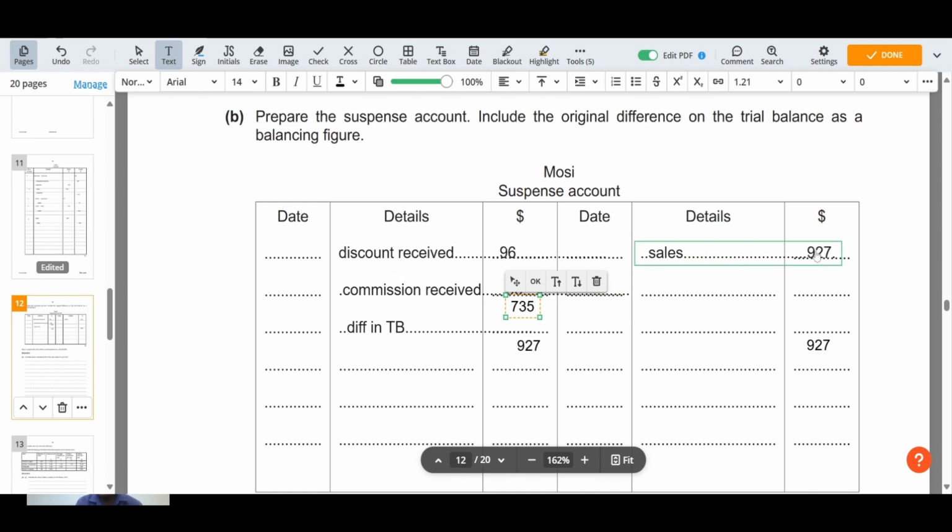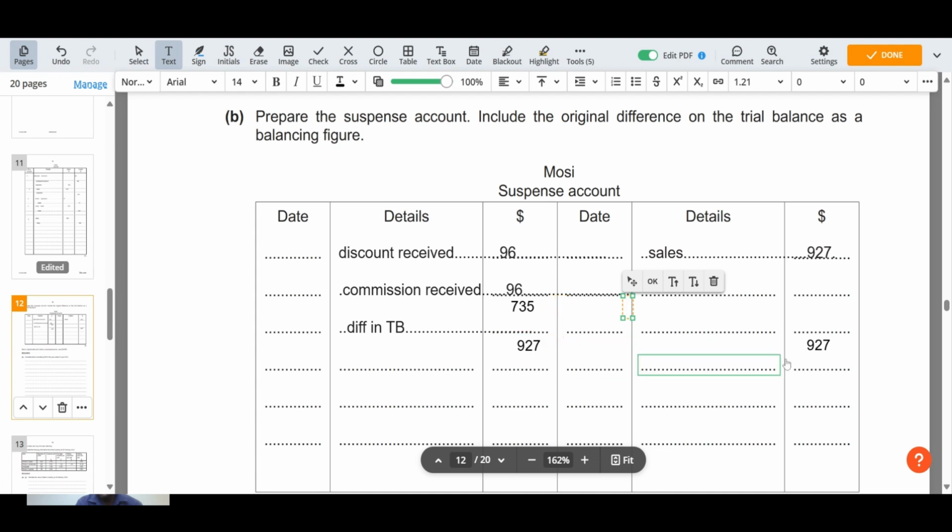So sales, because they're on the credit side, we just put them there because we said we credit suspense. And the same applies to discount received and commission received. We said we debit suspense, so we put them on their side there. We debited them, and the difference, the balancing figure, is the difference in the trial balance.